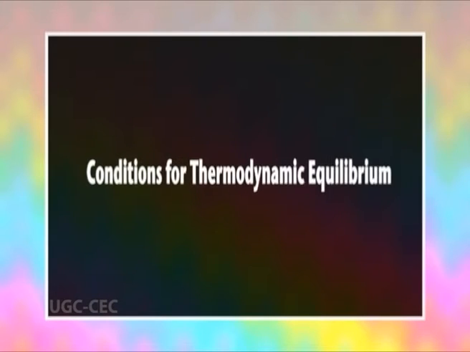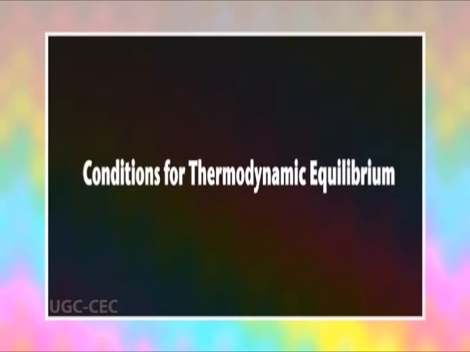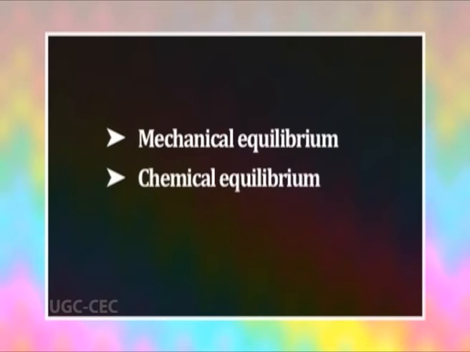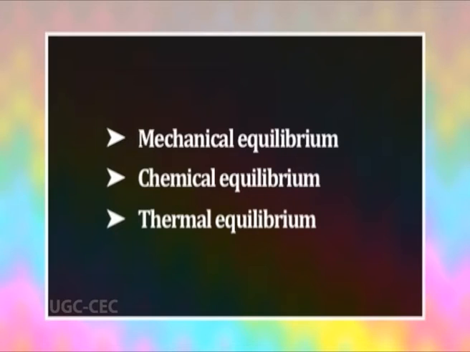Coming to the conditions for thermodynamic equilibrium. The system is said to be in thermodynamic equilibrium if the conditions for the following three equilibria are satisfied. Number first is the mechanical equilibrium, number second is the chemical equilibrium and number third is the thermal equilibrium. Now coming to the mechanical equilibrium.